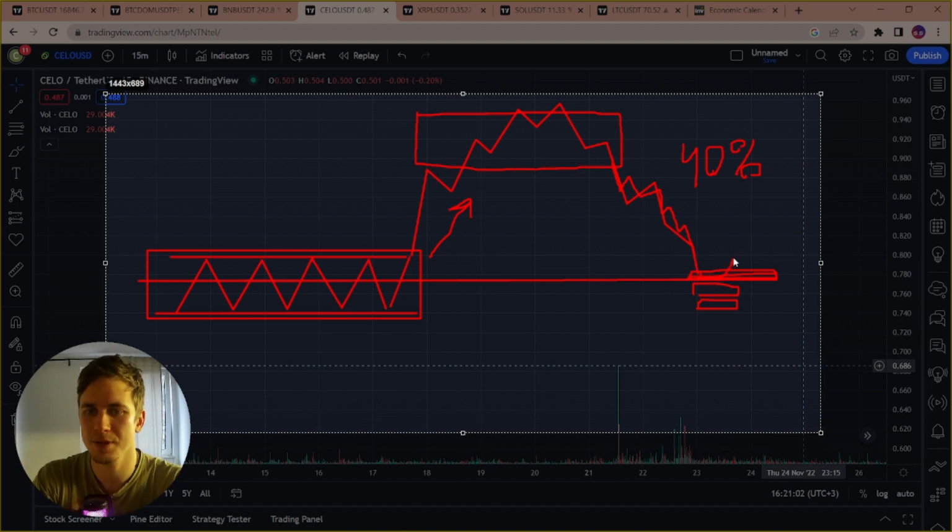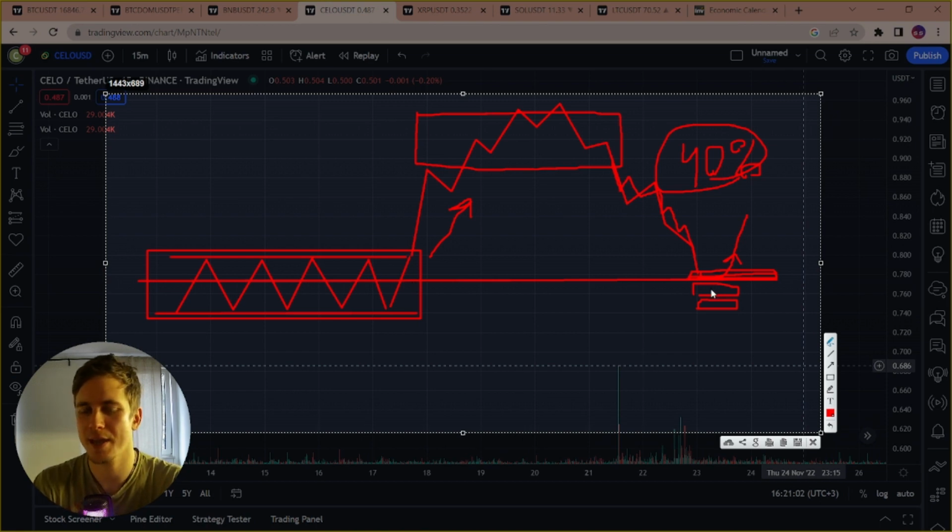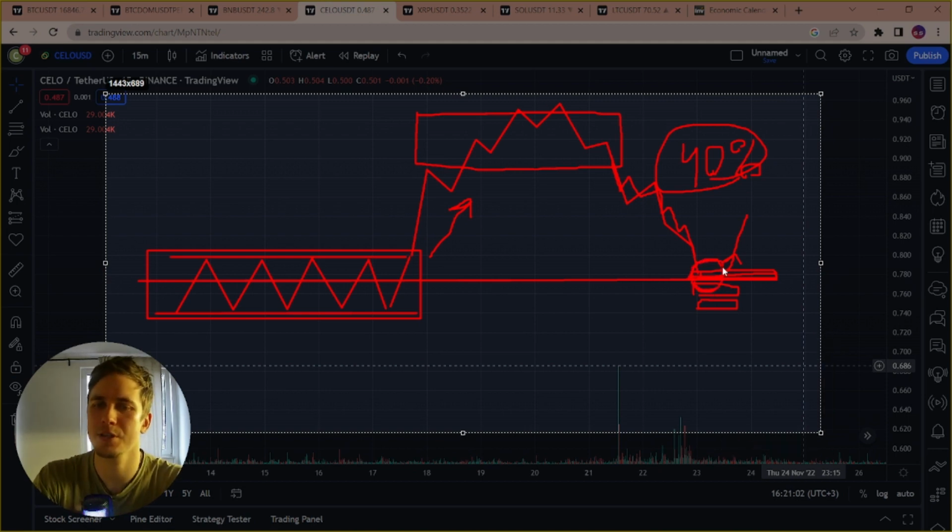Many participants and the huge player itself, with joint forces, really manage to reverse the price again, just to give the huge player the second chance to close this 40% higher than his average entry point. This is the only case when the crowd and the huge player are playing on one side. This is our point of entry.